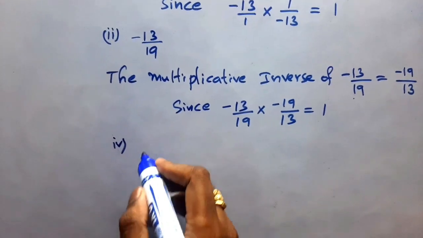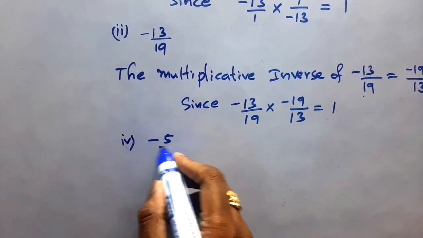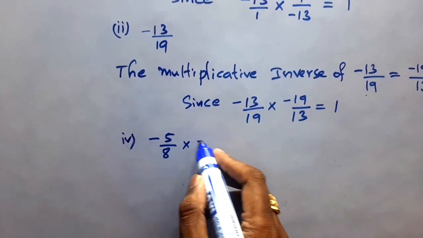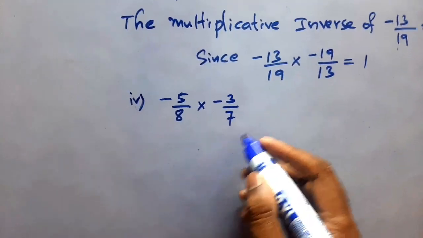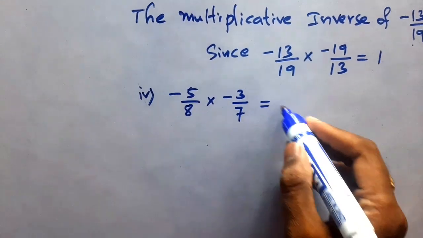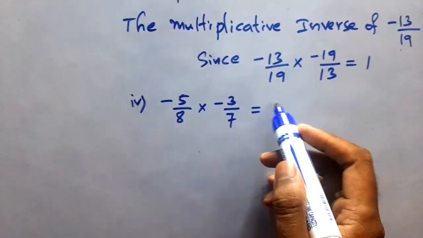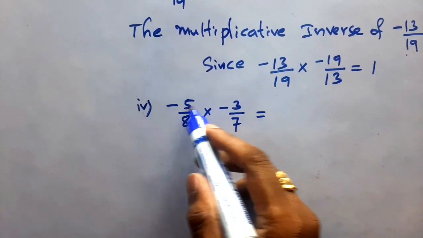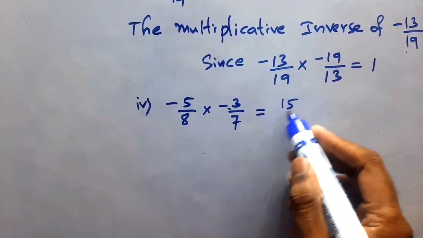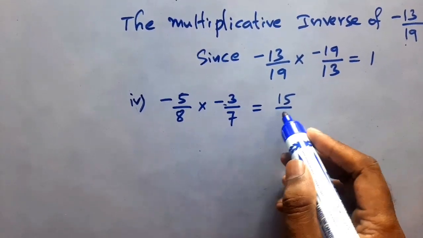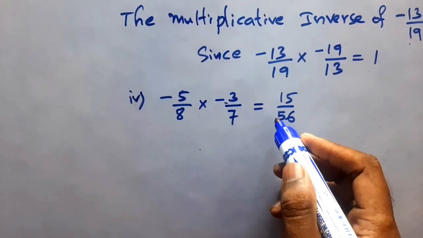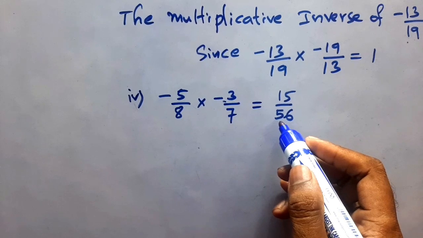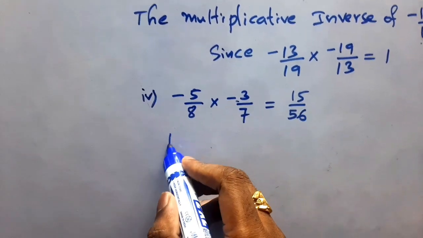The fourth one, minus 5 by 8 into minus 3 by 7. Simplify this. Minus into minus will get plus. 5 3s are 15. 8 7s are how much? 56. Okay, now we have to write the multiplicative inverse of this number.